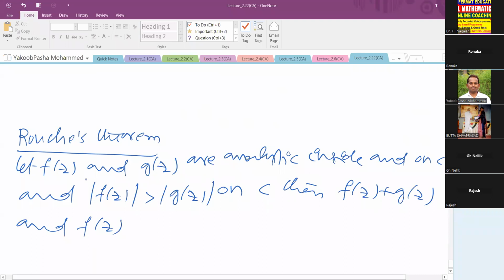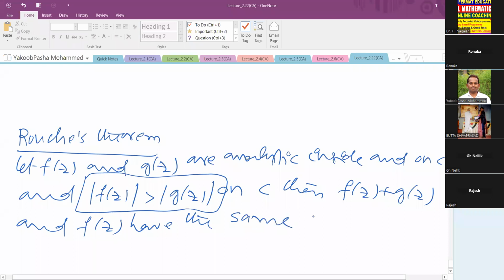The condition you have to remember: modulus of f of z is greater than modulus of g of z, then f of z plus g of z and f of z have the same number of zeros inside C. We need to calculate just f of z zeros.